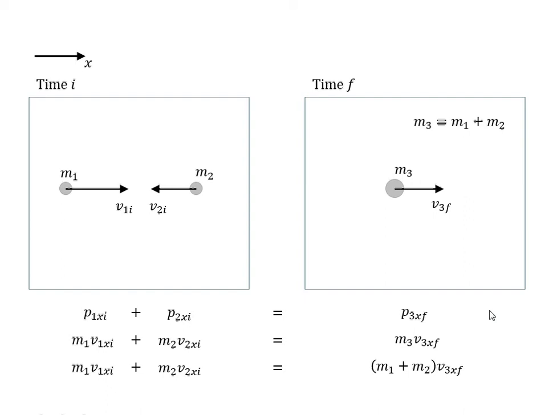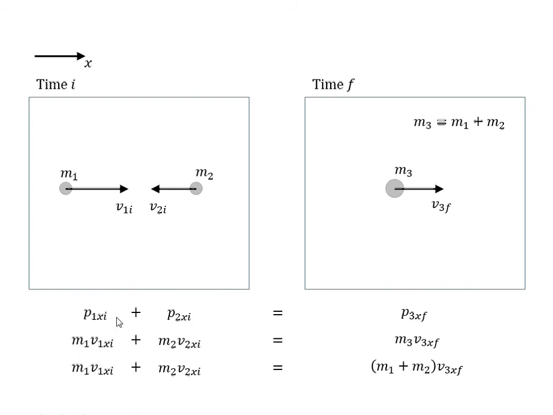Conservation of momentum, though, says the total momentum initially equals the total momentum finally, or at any time in between. The caveat is that there can be no external forces acting on the objects. So if gravity were pulling the objects down or something, we'd need a little bit different mathematics to get where we want to go.